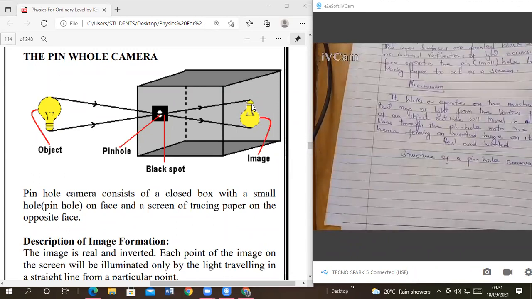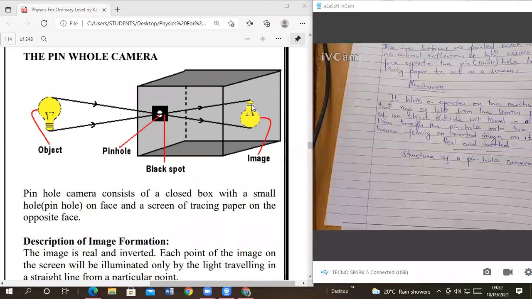So what is our object? You can use anything. You can use a tree. You can use a person. You can use a dog. You can use anything as long as it's an object. Are you together, members?